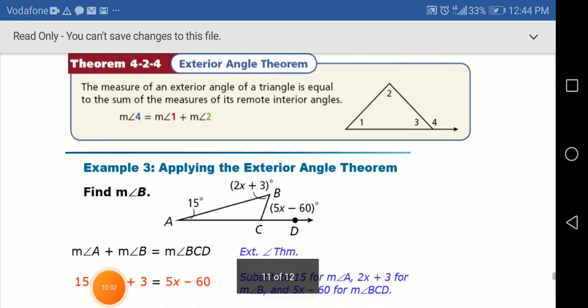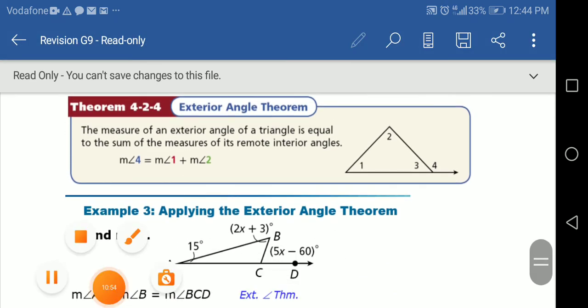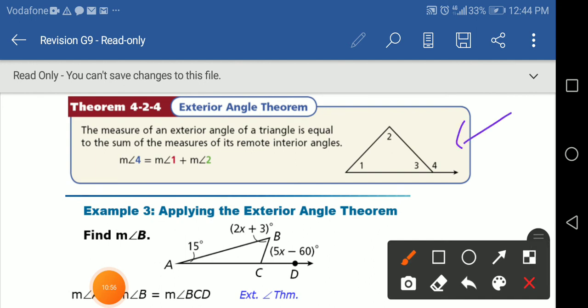Also remember the exterior angle theorem. The measure of the exterior angle, which is angle 4, is equal to the sum of the measures of angles 1 and 2. The exterior angle, angle 4, is equal to the sum of the remote interior angles, which are 1 and 2.